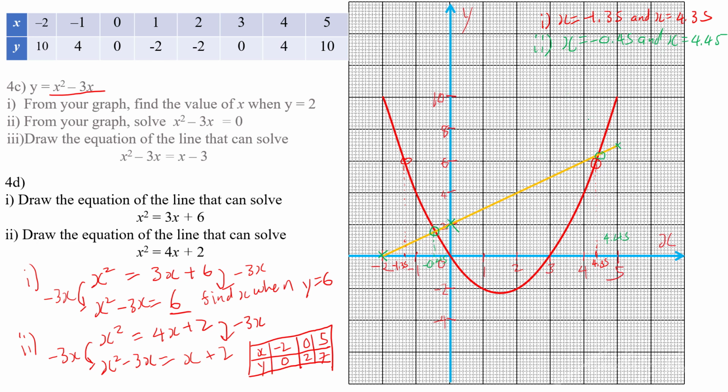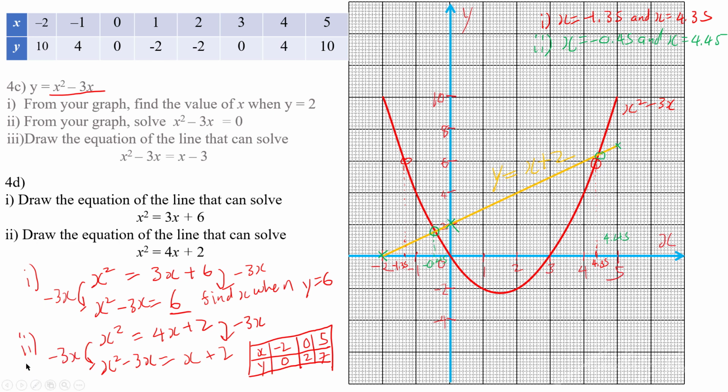Again, let me just emphasize that you need to label the curve just to be on the safe side. So this curve is x squared minus 3x. Then your orange color line is y is equals to x plus 2. Not very clear, but never mind, you get what I mean.